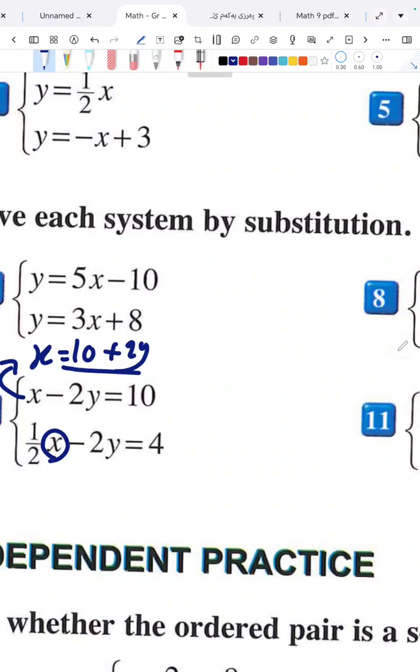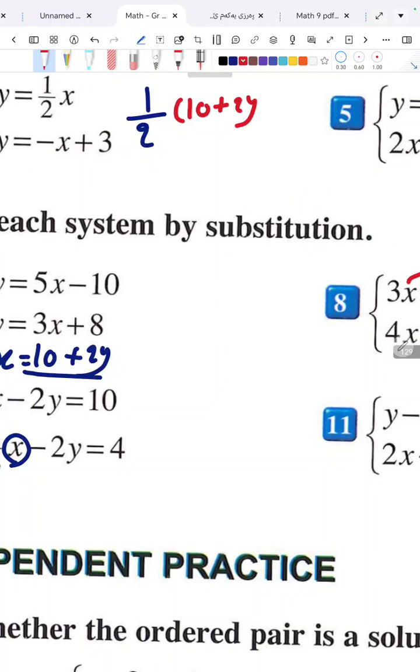I'm going to write 1 over 2, and instead of x, as I told you, I'm going to write 10 plus 2y, minus 2y equals 4.